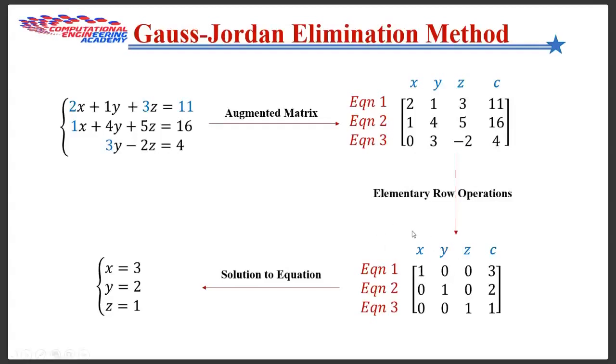And the goal is to have such a matrix where we have the identity this way and some constants, knowing that if we transform this back to the equations, having this same logic, then we must have found exactly the value of x to be 3, the value of y to be 2, and the value of z to be 1. Hope that makes sense up to now.